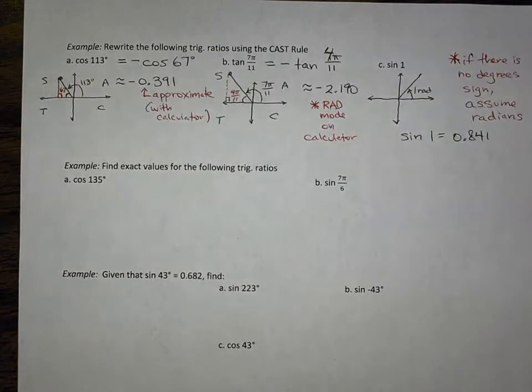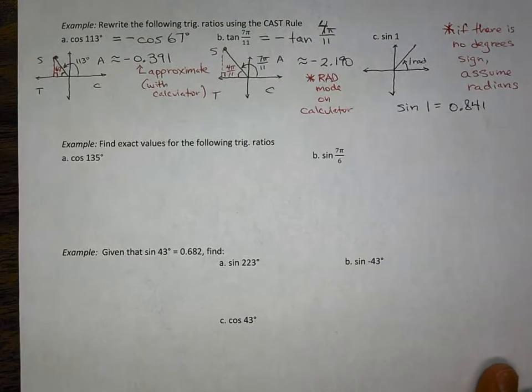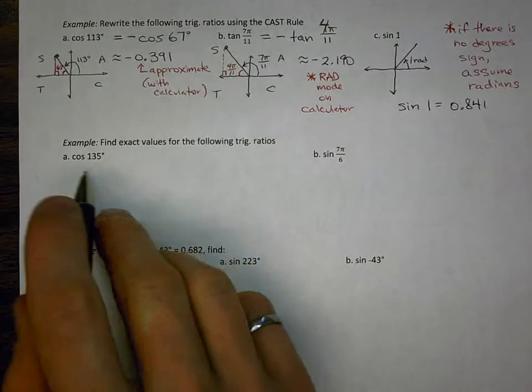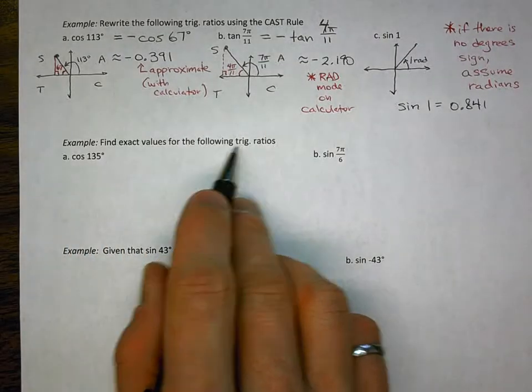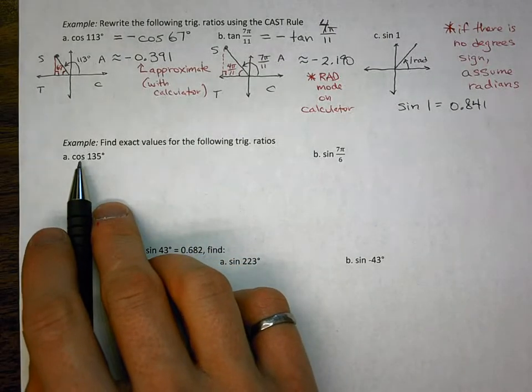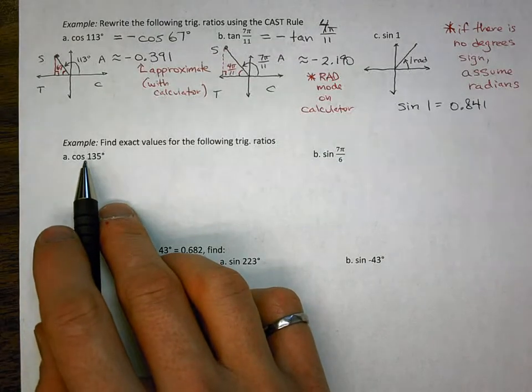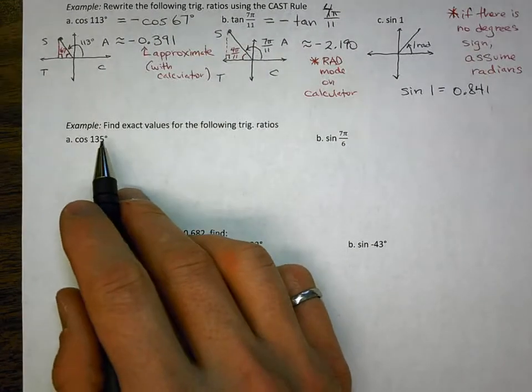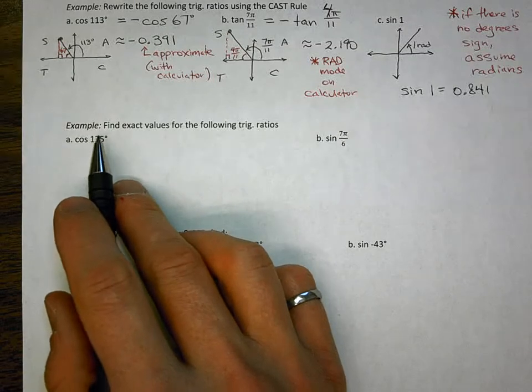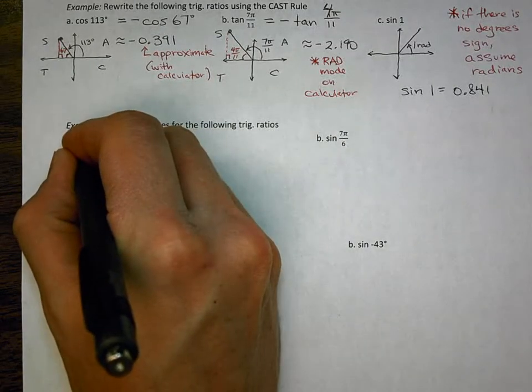Okay, so let's look at some applications where we don't have a calculator. Find the exact value for the following trig ratios. Someone asks you, what's cos 135? You say, well, I have no idea. Can I write it in terms of an acute angle? Can I use my CAST rule and my related angle strategy?